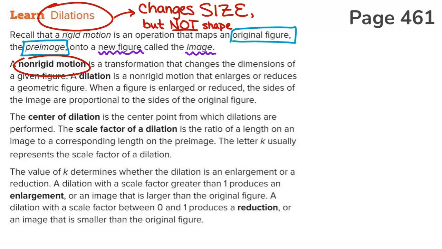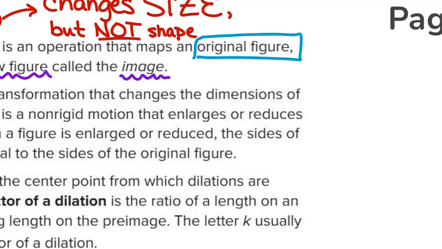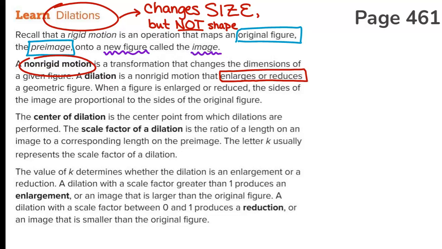Those are things that if I had little tiles for my 7-year-old daughter to play with, I can model a translation, a reflection, or a rotation with those tiles. But in a non-rigid motion, because I'm changing the shape of it, I can't model that with something that she could hold in her hand. It is going to either enlarge or reduce the size of our shape.